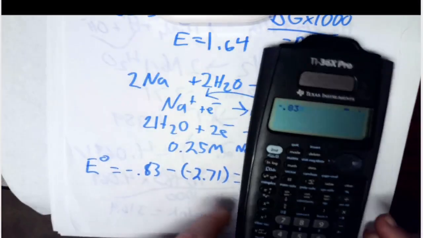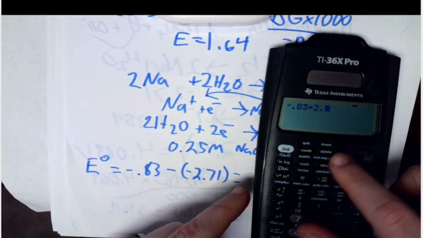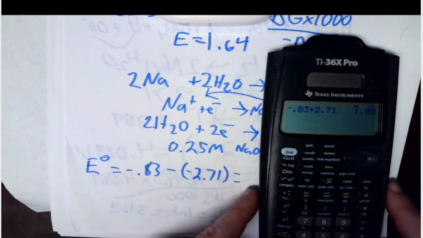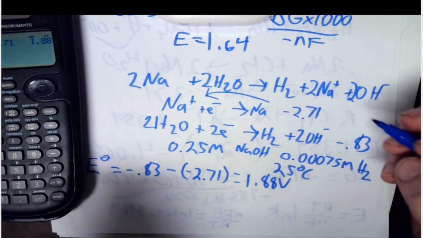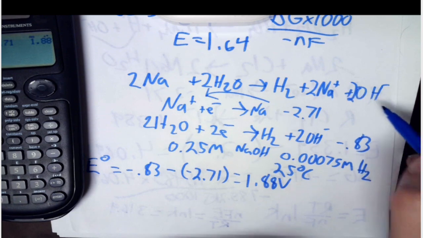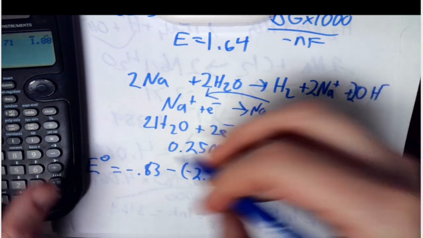So negative 0.83, and we're going to add the 2.71, and that's 1.88 volts. Okay, 1.88 volts. That's if this was 1, 1, and 1. These don't matter because pure liquid, pure solid.